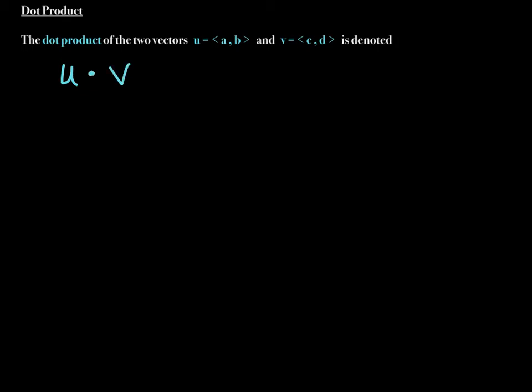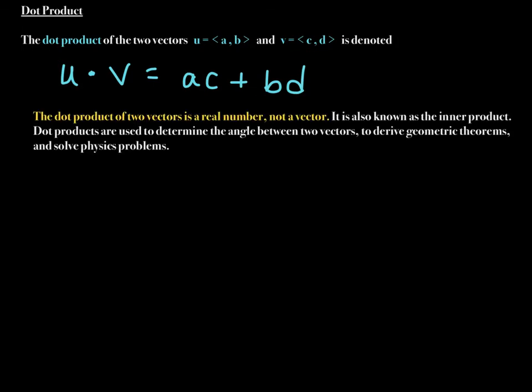This is not multiplication, and it's defined to be a times c plus b times d. It's basically the sum of the products of the horizontal components and the vertical components. What's really important is that you and I understand that the dot product of two vectors is not a vector. It's actually just a real number.